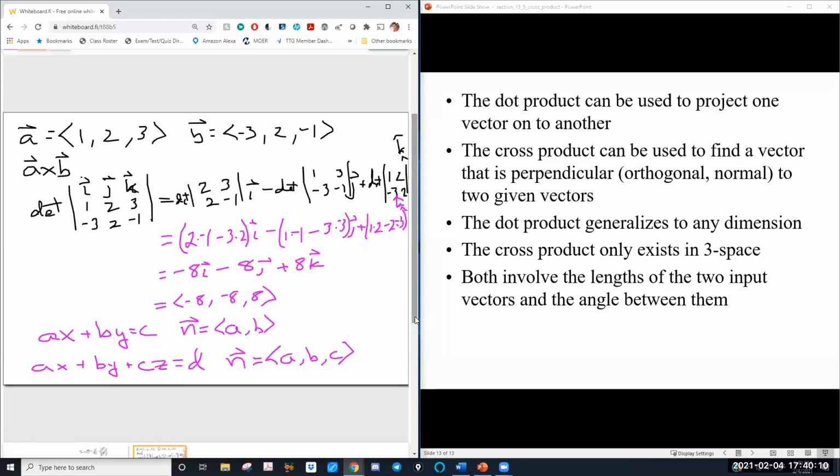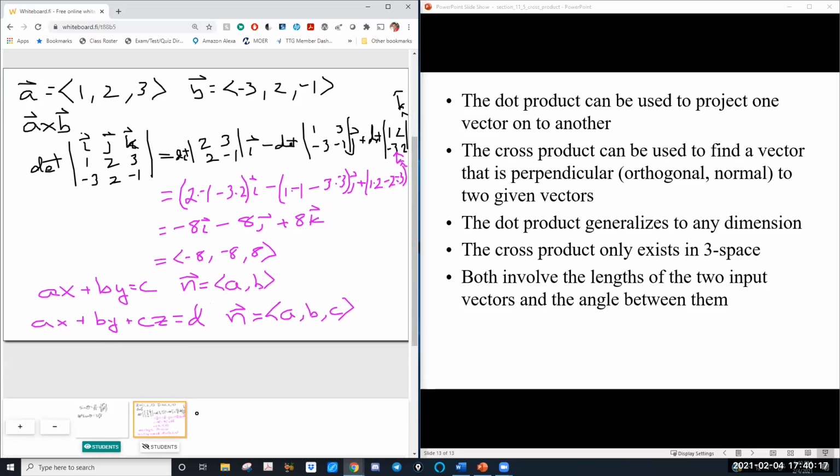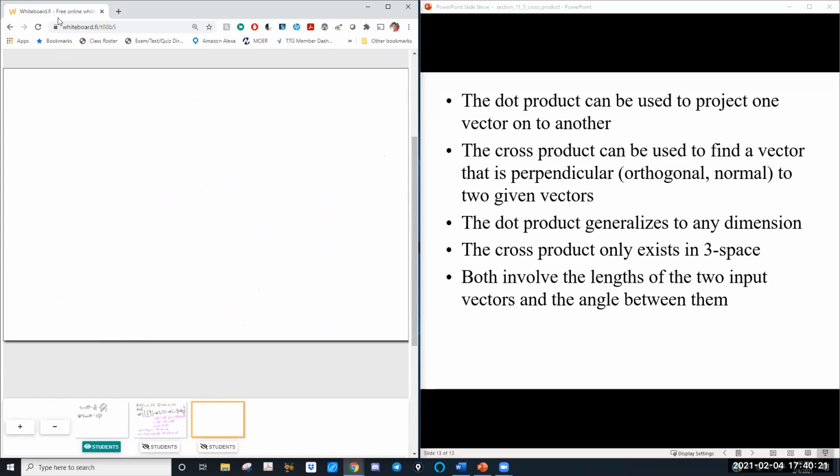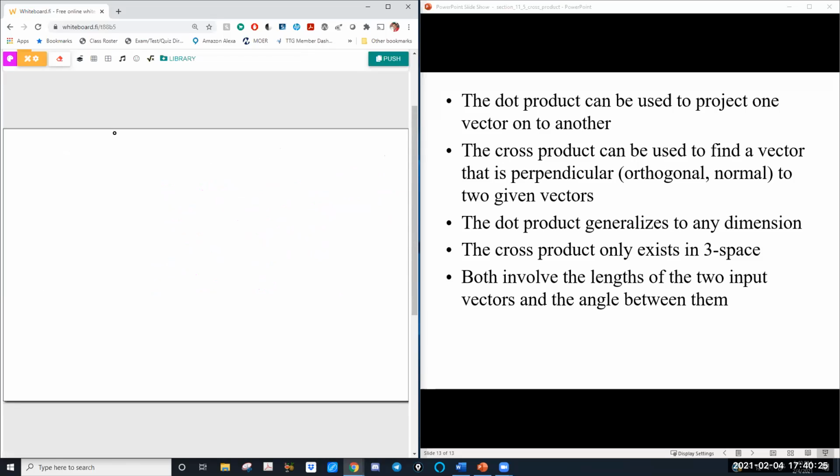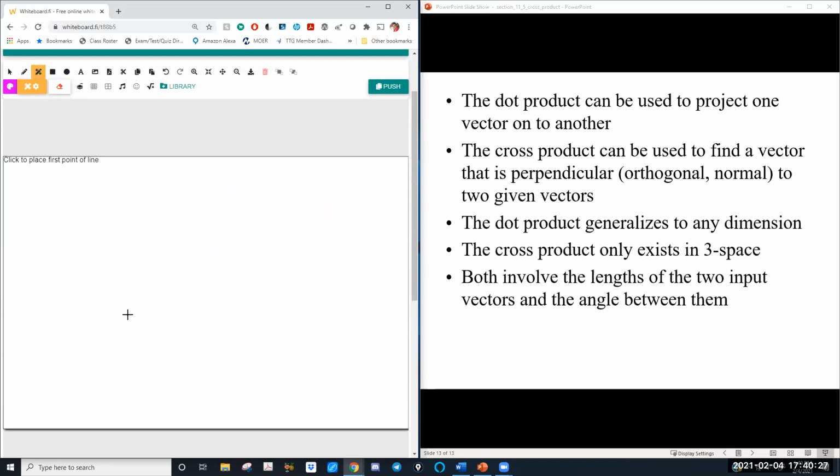Let me see if this helps, and let me know if it doesn't. So we start with two vectors, right? And let's say the whiteboard is our plane. And so let's put in, maybe we have a vector here.